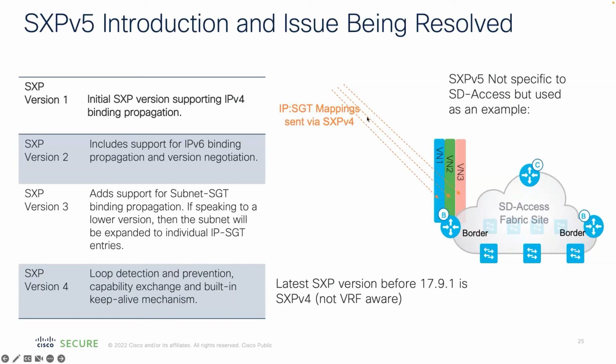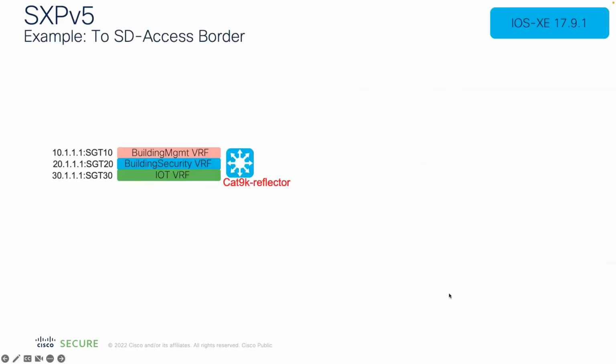And if you want to send SXP mappings down towards these VRFs, you have to have one SXP connection per VRF. So if you had 10 VNs or VRFs in this fabric site, you would have to have 10 SXP connections, sending mappings down to those individual VRFs. Release 17.9.1 has made this simpler.